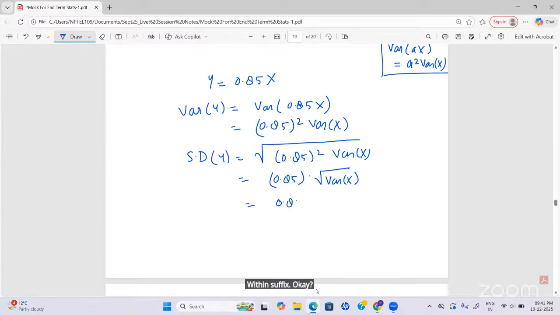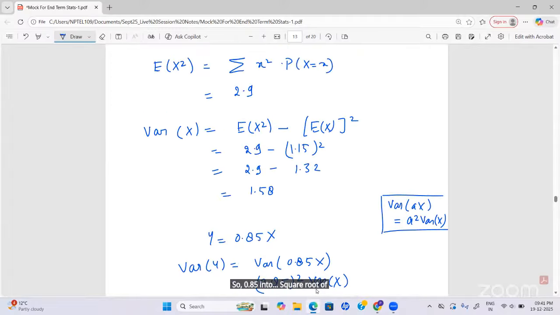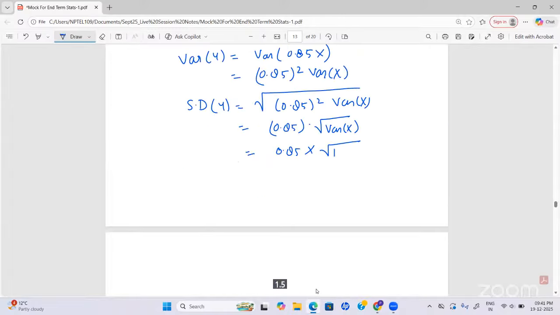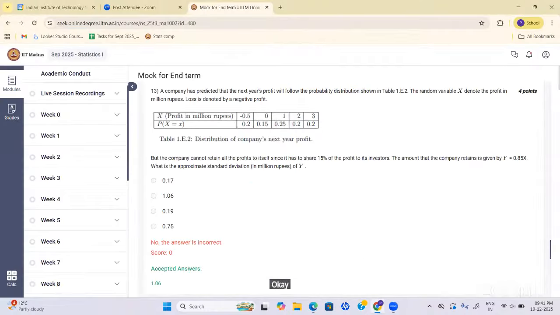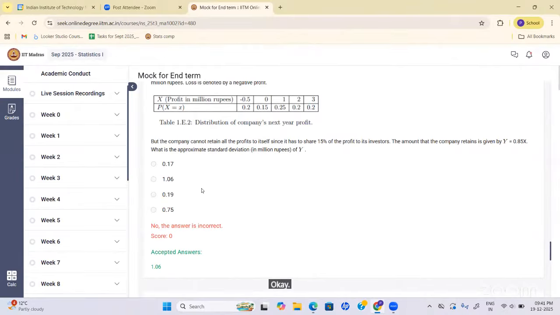So 0.85 into square root of variance of x, which is 1.58, is coming out to be 1.06. Is this clear to everyone?